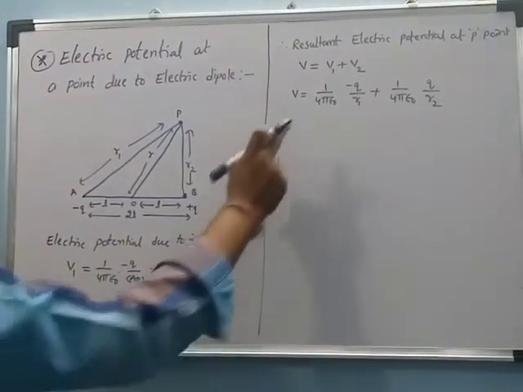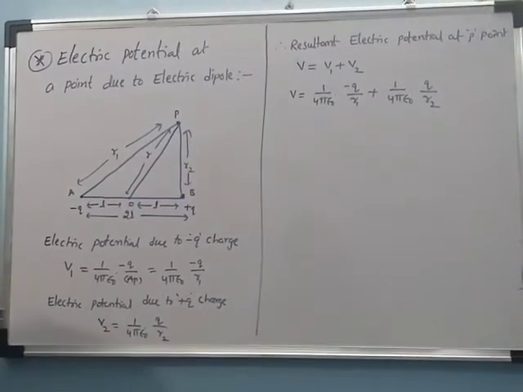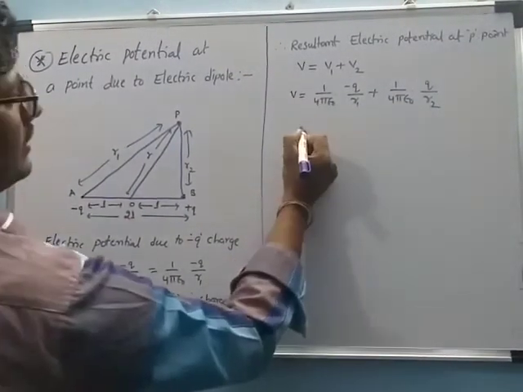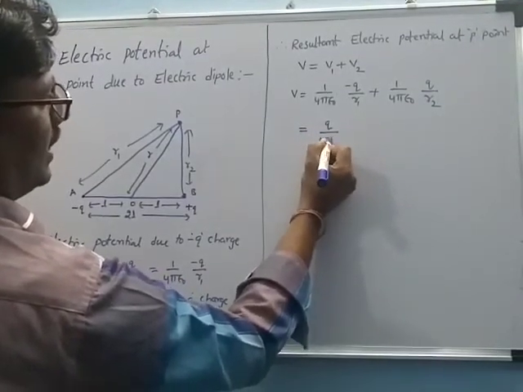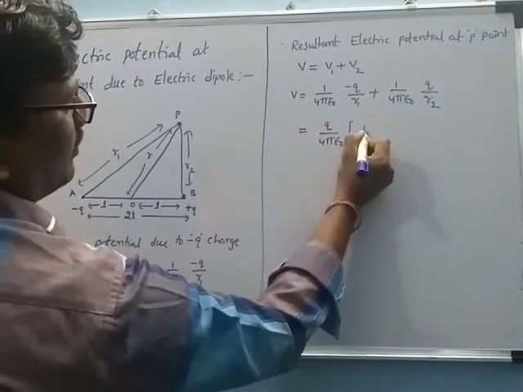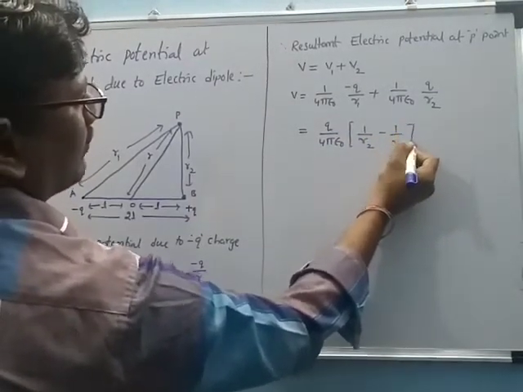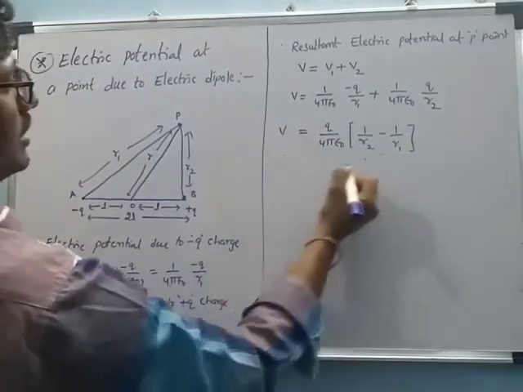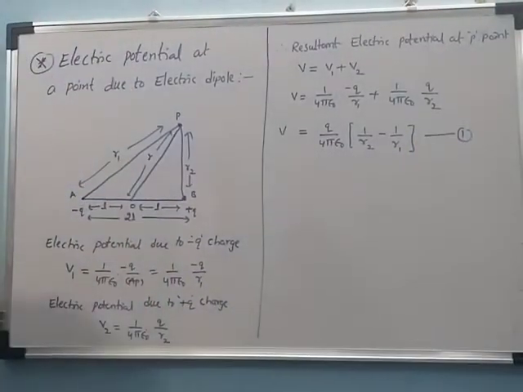This is the minus value and this is the plus value. Writing the positive term first and the negative term after that, and taking Q by 4 pi epsilon naught as common: 1 by R2 minus 1 by R1 is equal to the resultant electric potential. This is equation number 1.